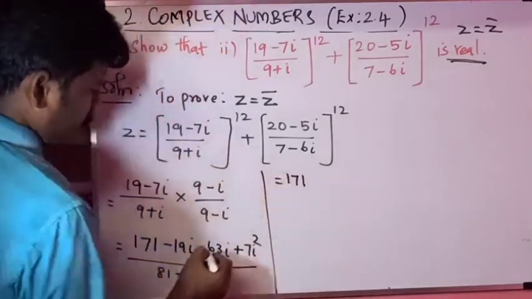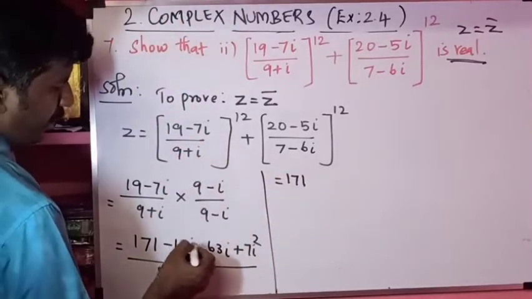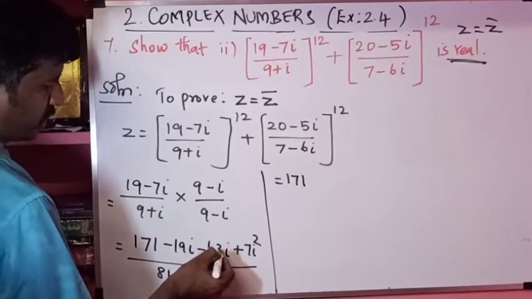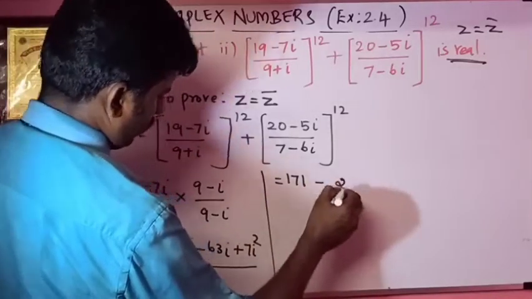171, right? This is 63, 19, both are minus, we can add them, right? So this is 3 plus 9, the 12, right?